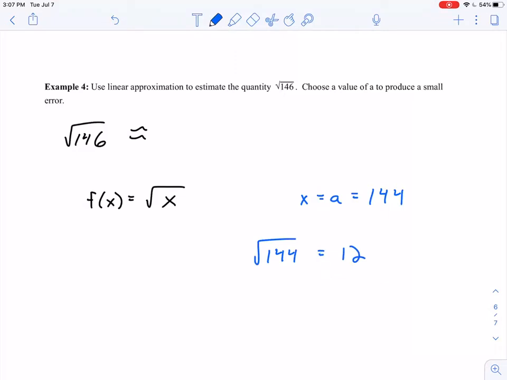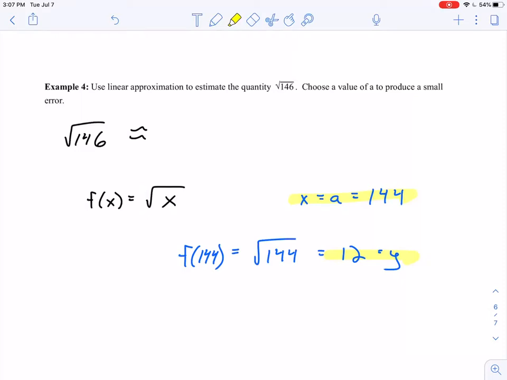So square root of 144 is going to be 12, and actually, this is my y value. If I think about this in terms of writing the equation of the tangent line, I've chosen my x value, and I've found my y value by taking 144 and plugging it into f of x.